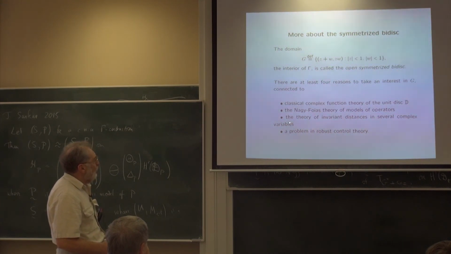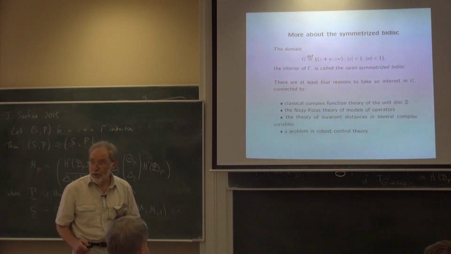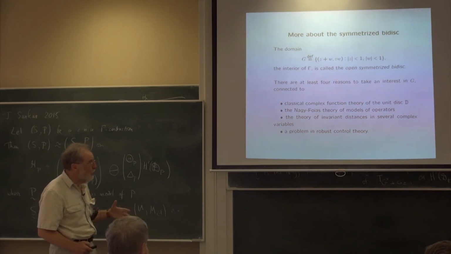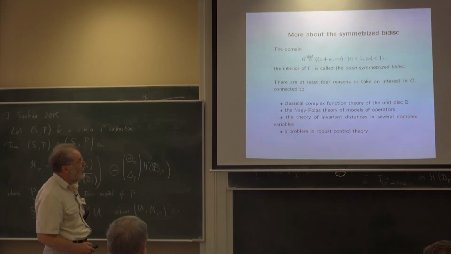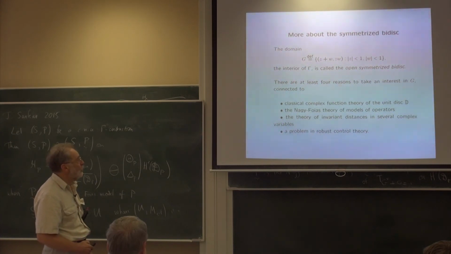The third one was actually the one that's made possibly the biggest impression so far: specialists in several complex variables that study invariant distances, the Carathéodory distance and the Kobayashi distance on a domain in Cn. It's turned out to be of great interest to them because it has provided some counterexamples to long-standing conjectures and things like that. But where we originally started, Agler and I, was this one, a problem in robust control theory.